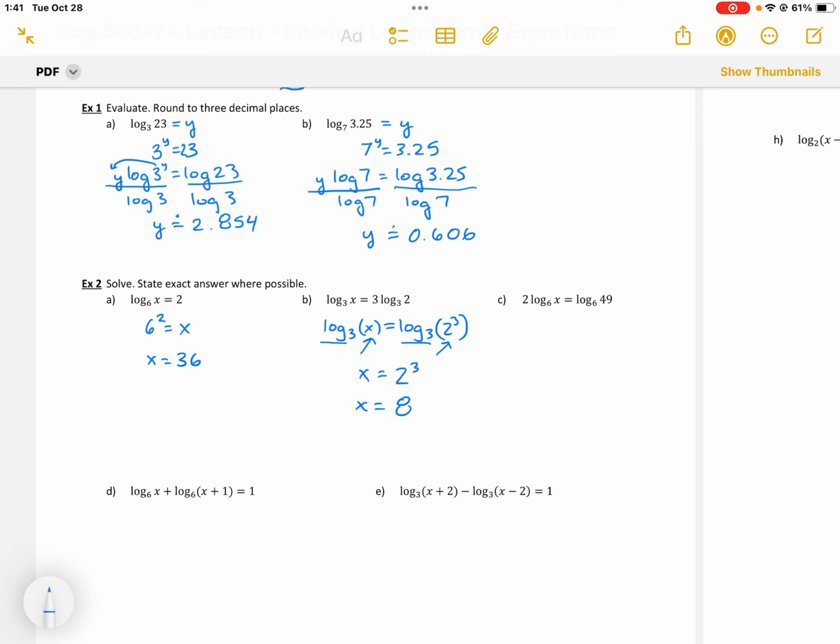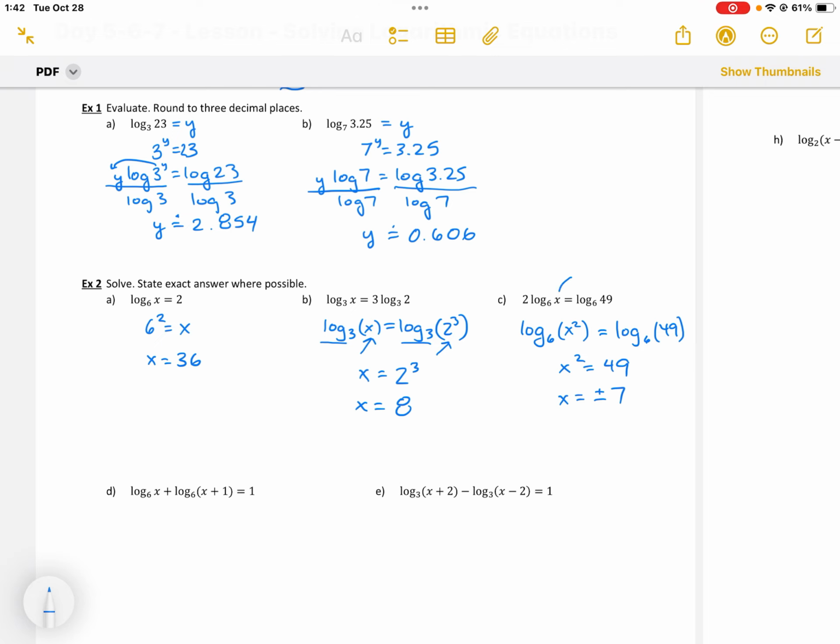C is similar. I'm going to bring the 2 up so that I have x squared on one side, and then I have log base 6 of 49. This is going to tell me that x squared is equal to 49. And normally, I would get 2 answers here. I would get x equals positive 7 or negative 7.